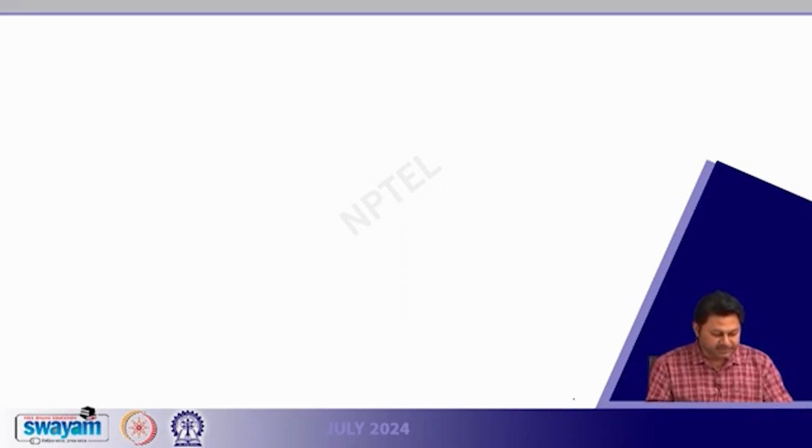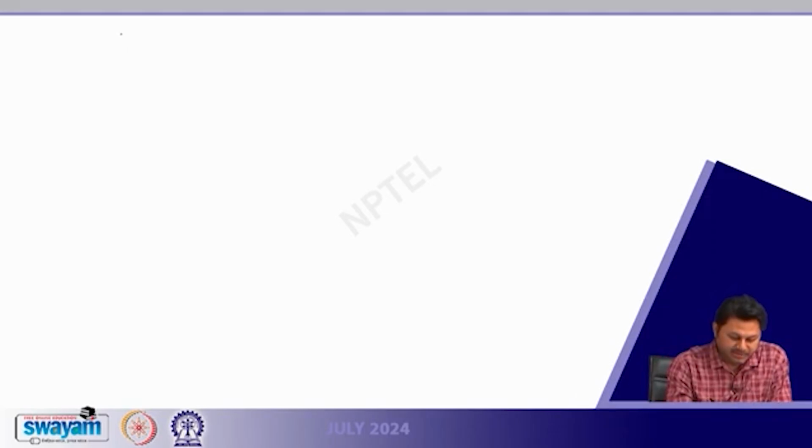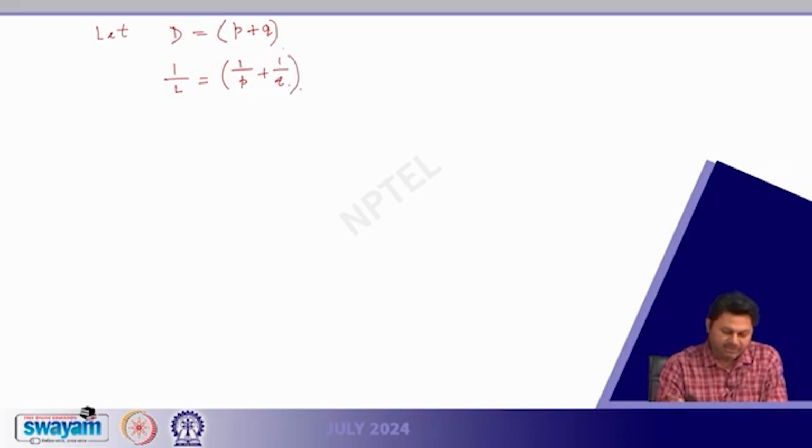Now, let us rename few parameters, like let D as P plus Q, and 1 by L as 1 by P plus 1 by Q. That term was there.